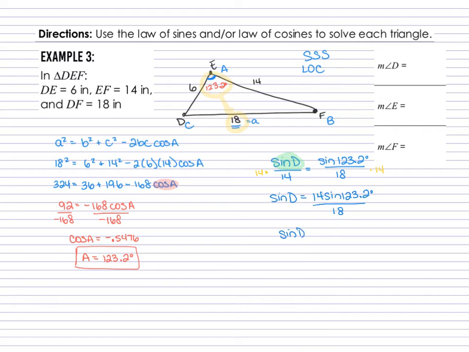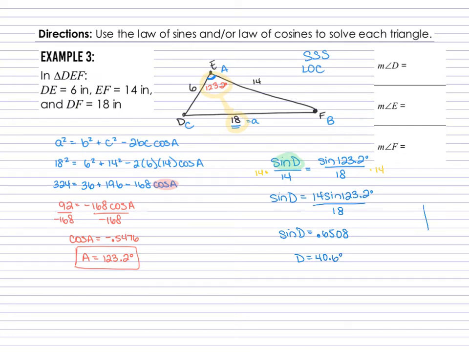Solve that through, and I get that the sine of D is equal to 0.6508, which is between -1 and 1, so that's great. I can take the inverse sine of both, so D is equal to 40.6 degrees.